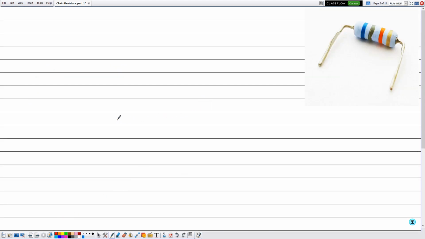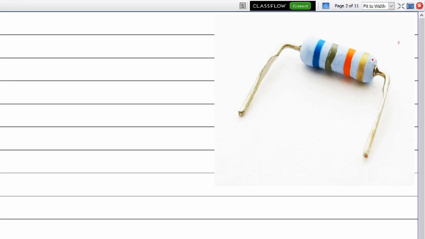Then let's start by section number 1, the resistor. Idea number 1. So here in this figure on the right, we have the resistor. These are the two terminals of the resistor.